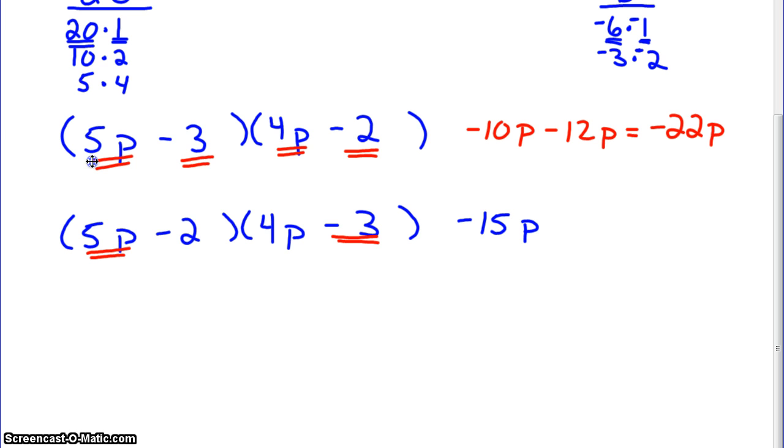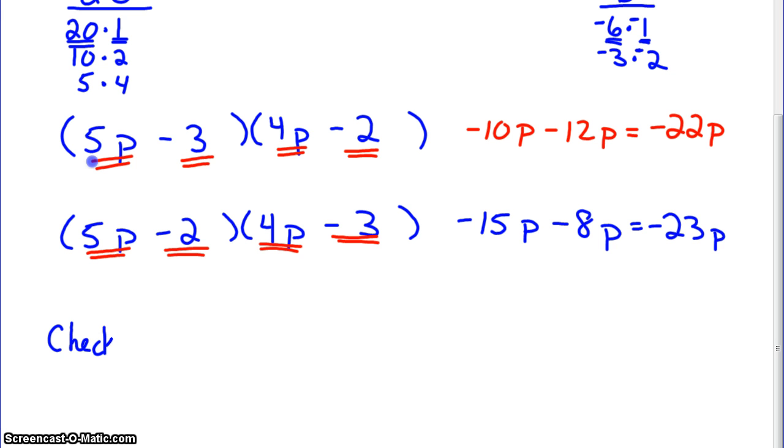The inner is negative 2 times 4p. That's negative 8p. And negative 15 minus 8 is negative 23. Now that's what we wanted. We'll give it one last check.